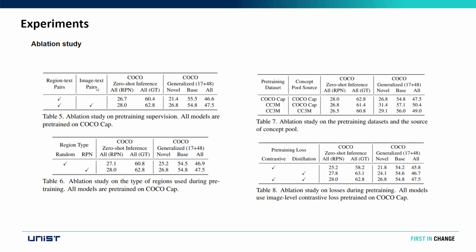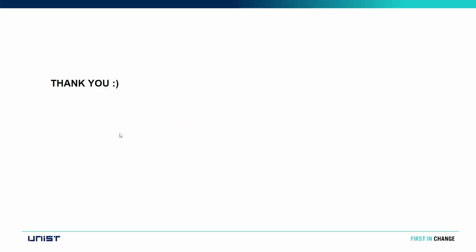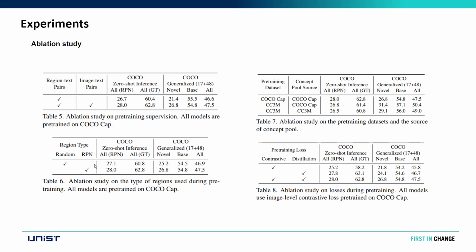But of course, if you add the ground truth pairs, they get a little bit higher result, but not that much. And for this ablation study, the model was trained on the smaller data set. They did the same ablation study for region type, like random and RPN.